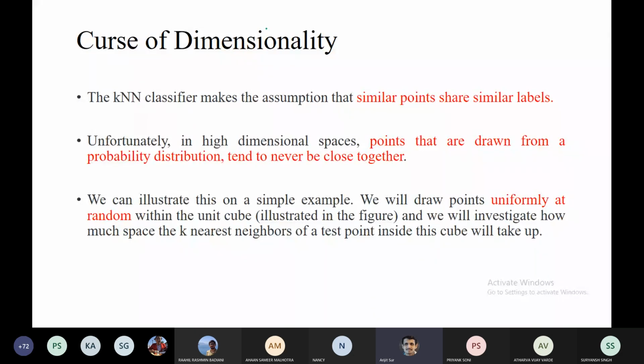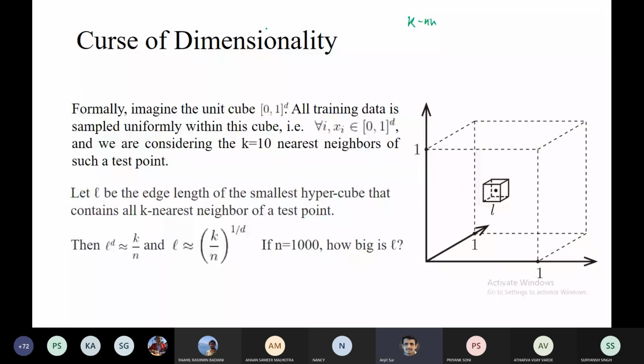This is a bit complicated to visualize, to see what actually happens in higher dimensional space. Mathematically, it can be shown that in high dimensional space, the distance between two points is very large. We try to understand that here in a bit mathematical way.